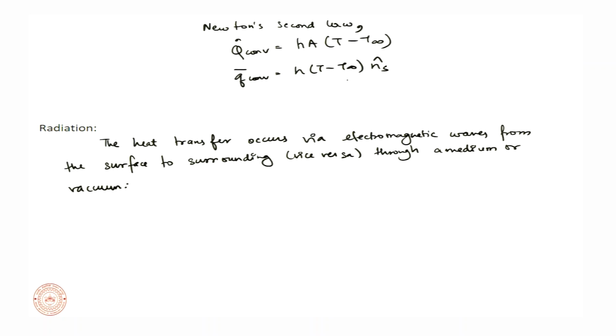Okay, so through a medium or vacuum the heat is being transferred, but there is no fluid motion, there is no heat conduction, there is no lattice vibration. It is just the transport by electromagnetic radiation.